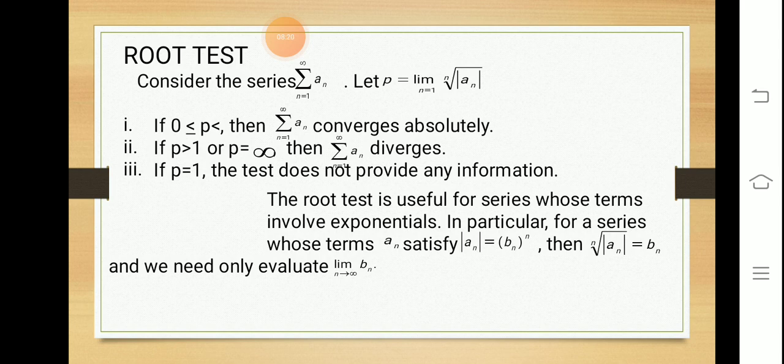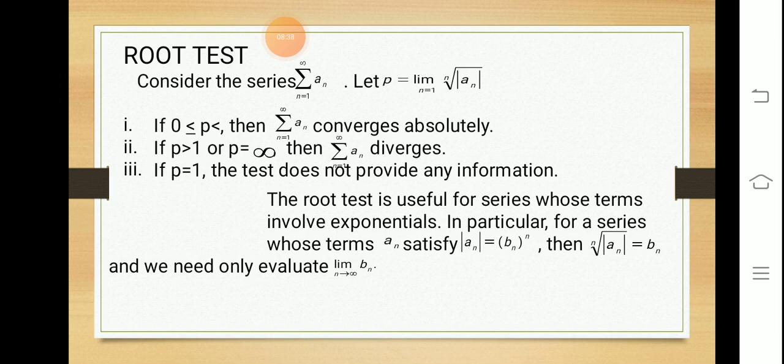Number 2, if p is greater than 1 or p equals infinity, then it is the same as in the ratio test: the series diverges. Number 3, if p equals 1, the test does not provide any information.